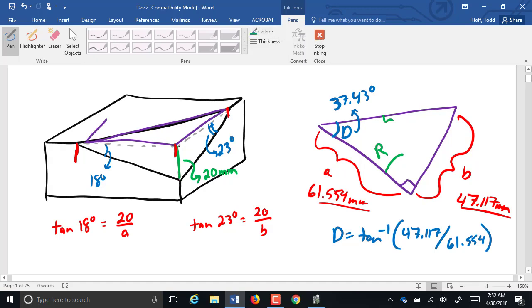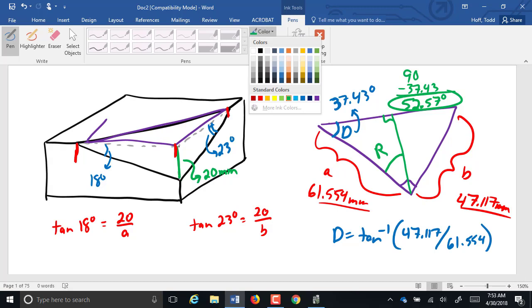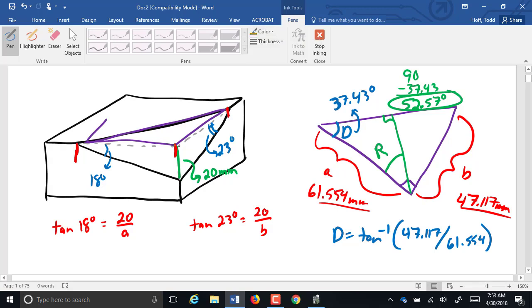So that means then, back to putting this line back in, R would be our angle of rotation. How do we find R? Perfect, 90 minus the 37.43, which gives us 52.57 degrees. What do you think? Not horrible? So that's that side right there.